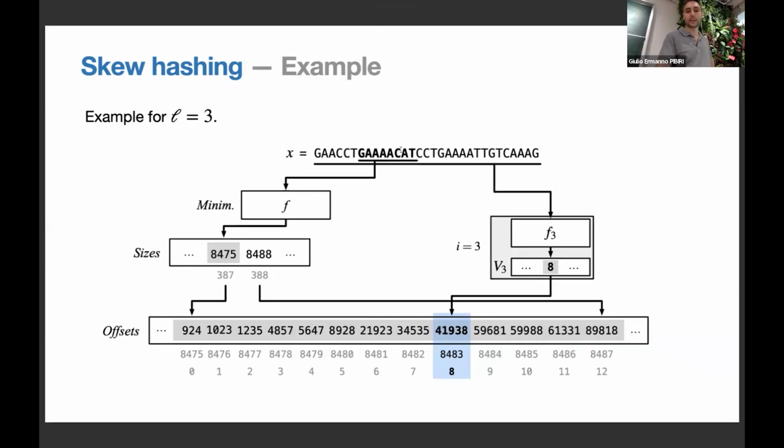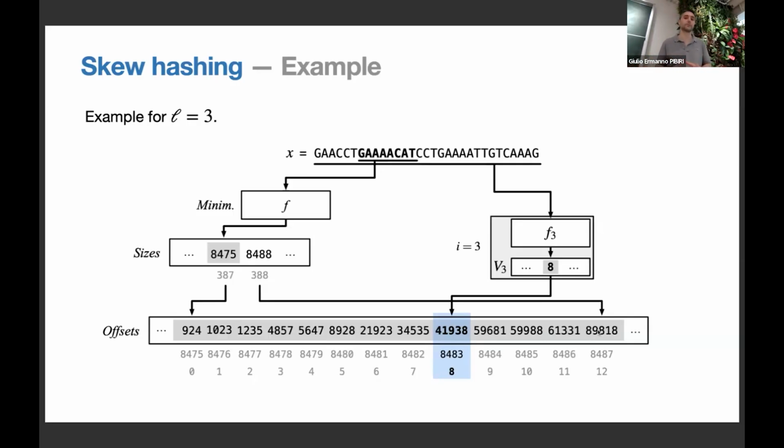If I query for this minimizer, I detect that it appears many, many times. These are all offsets in the string of all its super k-mers. So potentially, what I have to do to find this k-mer X is to look into all of those. In the worst case, of course, I can be lucky and find X immediately in the first super k-mer, but in the worst case, I would have to go all the way down and scan all of them. So this is too much.